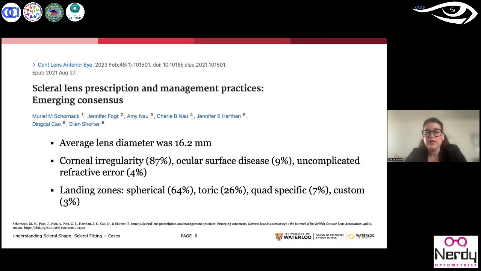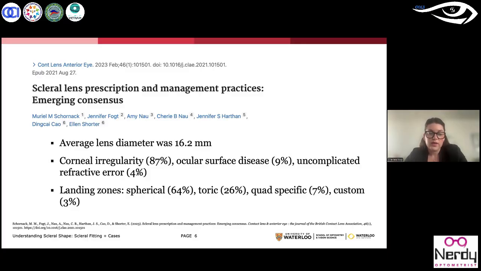So just quickly, a little bit more on the prescribing trends. This is a more recent paper in 2023. Average lens diameter at this point was 16.2, a tiny bit larger than 16. And the indications were largely the same when they resurveyed practitioners.